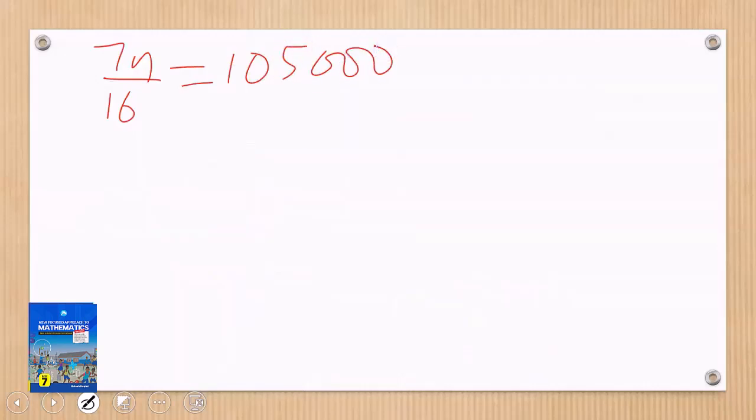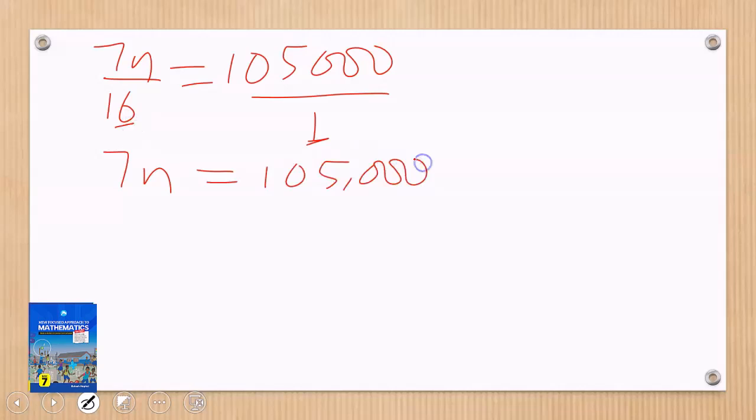Now we want to make n the subject, so we cross multiply. So we have 7 times n times 1, and 16 times 105.